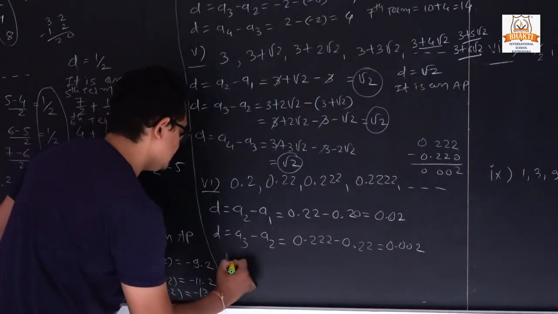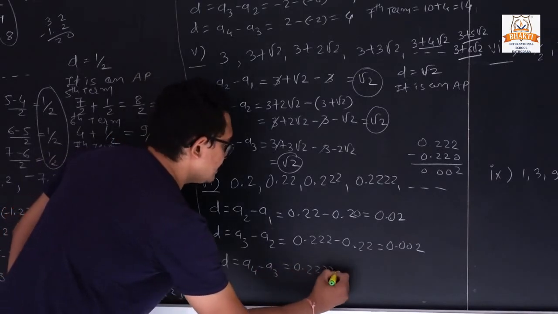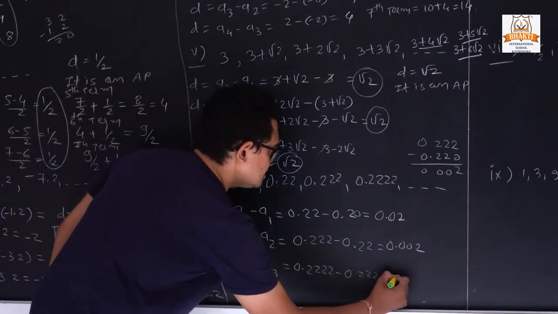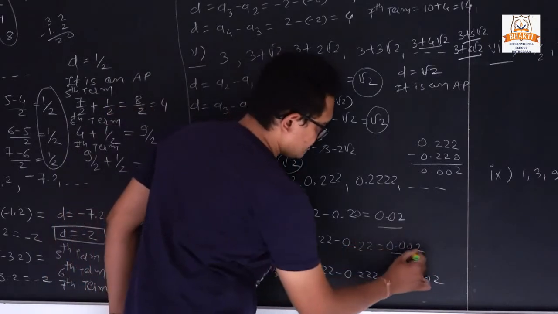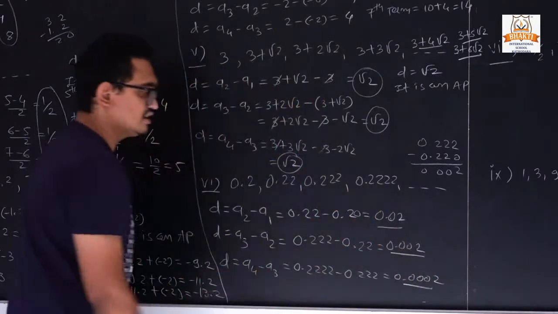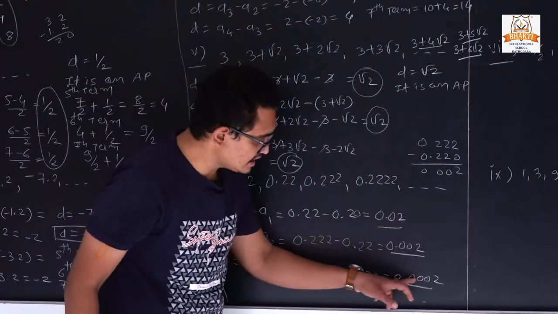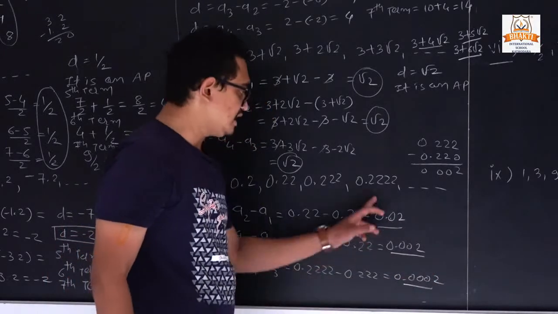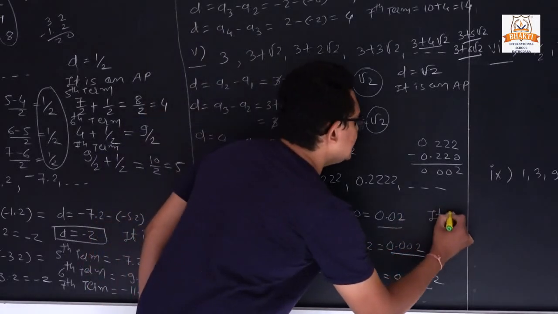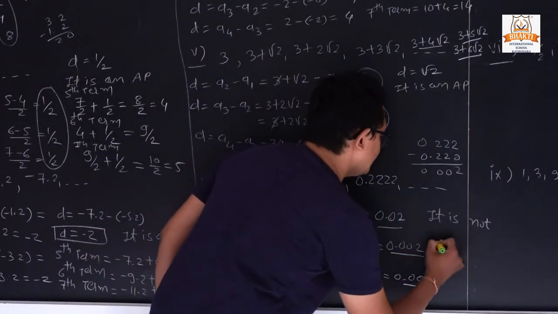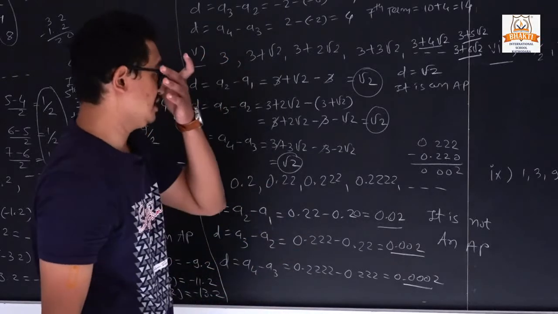Now next, 4th minus 3rd. So here see that each time the difference is not the same, because here it is 0.02, then 0.002, then 0.0002. So it means what? The difference does not remain the same. So it is not an arithmetic progression.